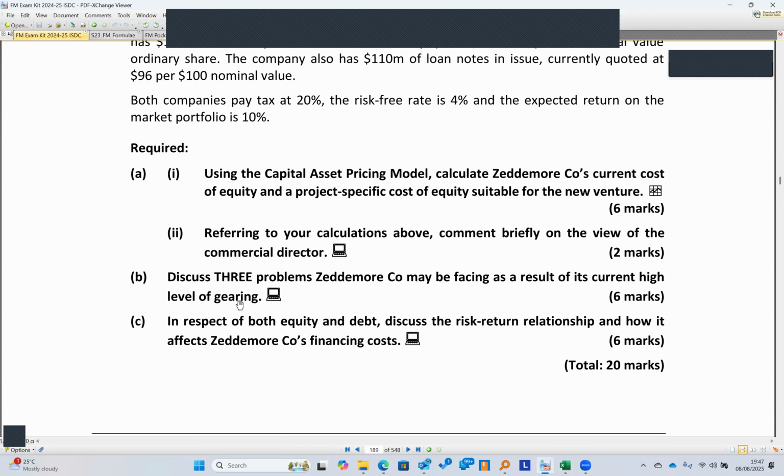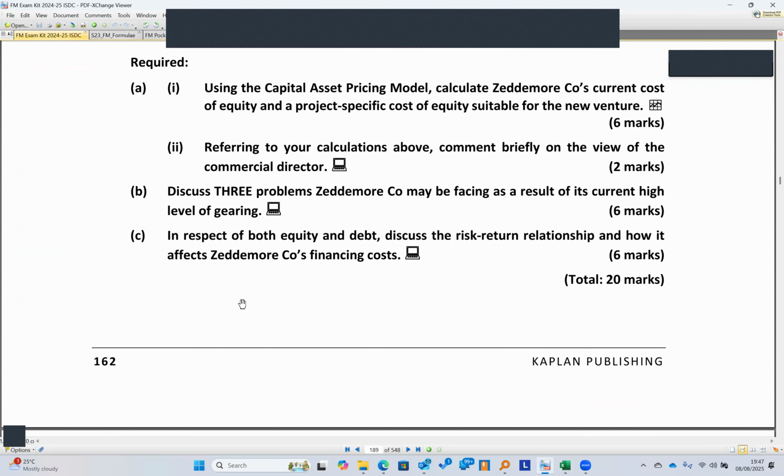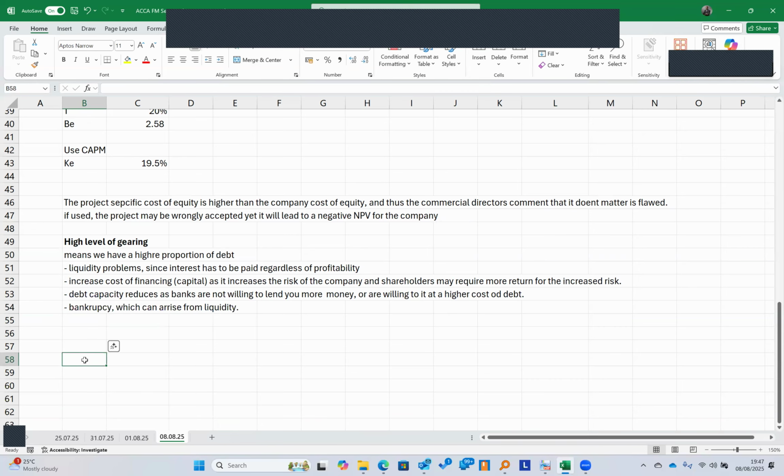And then the third question is asking us the relationship between risk and return, and I've hinted at some of it. So, risk-return relationship. Now, what you are trying to answer is, what is the relationship between risk and return?